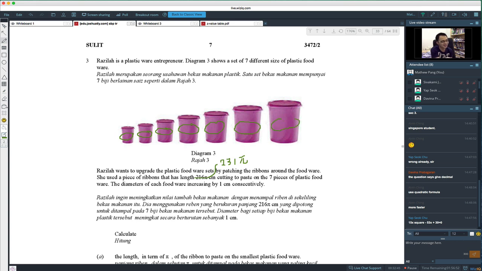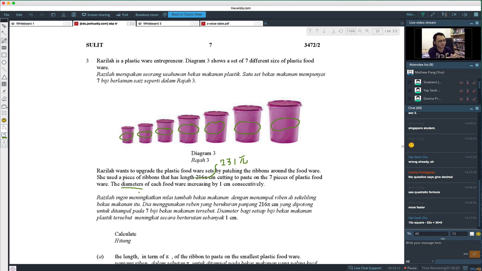Okay, and then what does the question say? The diameter of each footwear increases 1 centimeter consecutively. So that means you keep on increasing the diameter by 1 cm. That's why I say the question has a problem. I checked the marking scheme, and they just assume the r is +1. But in this case, it's not the radius plus 1 centimeter.